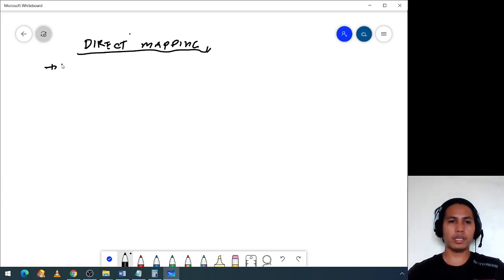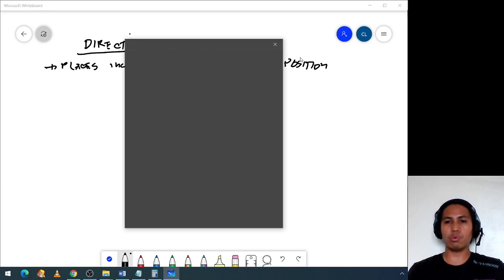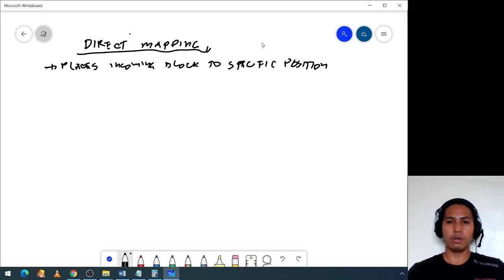Take note, it places an incoming main memory block into a specific position. The placement of the incoming memory block is based on a fixed relation with the incoming block number.